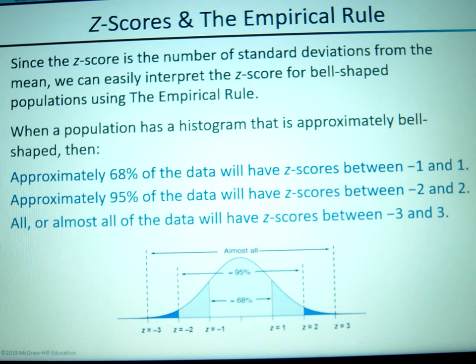Now, since the z-score is a number of standard deviations from the mean, we can easily interpret the z-score for a bell-shaped curve using the empirical rule. And I already mentioned this a little bit before.